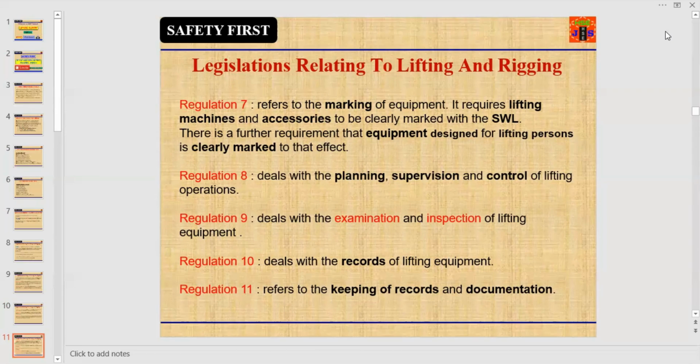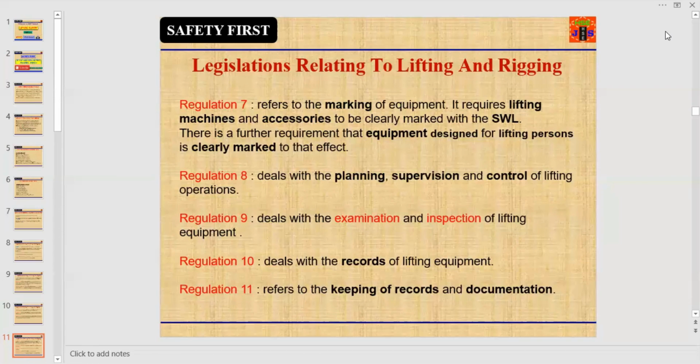Regulation number 9 deals with the examination and inspection of lifting equipment. Regulation number 10 deals with the records of lifting equipment. And regulation number 11 refers to the keeping of records and documentation.